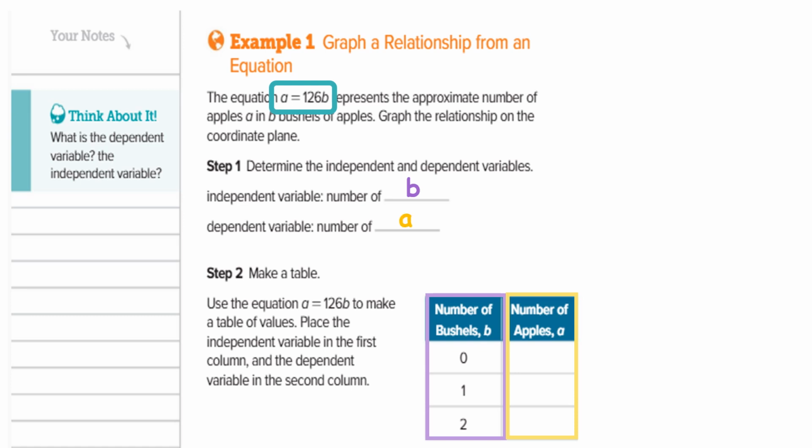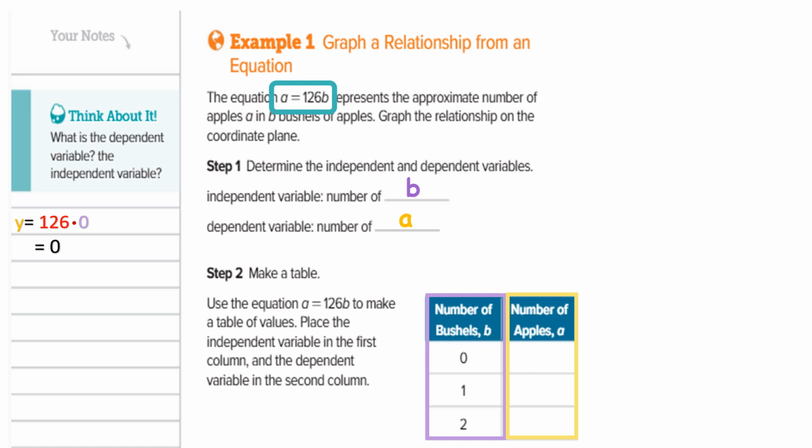So I'm simply going to take that equation and plug in my three options for my independent variable. The first one they give me is 0. So I'm going to have y, or that A, is equal to 126 times 0. Well, identity rules for 0: any number times 0 is 0.